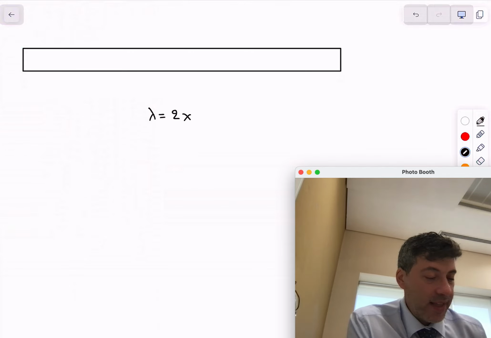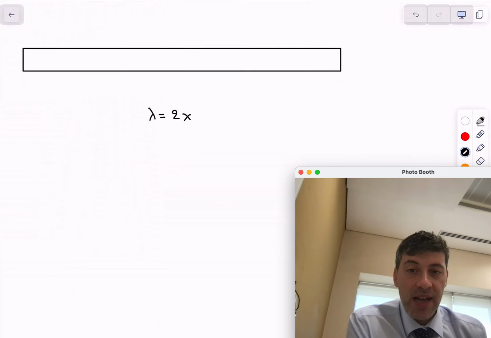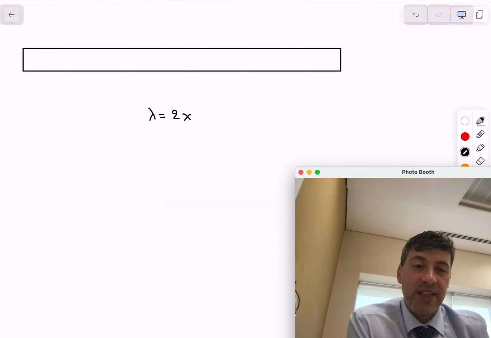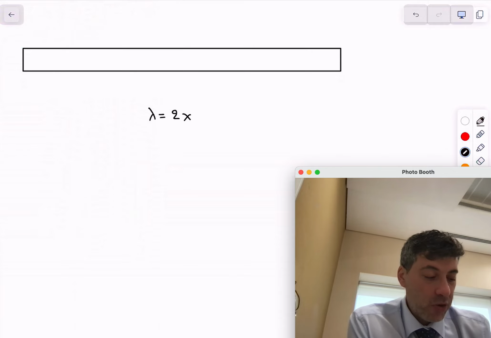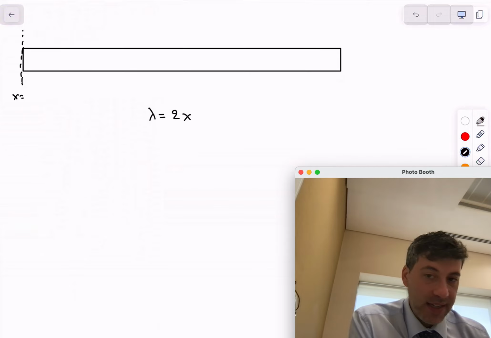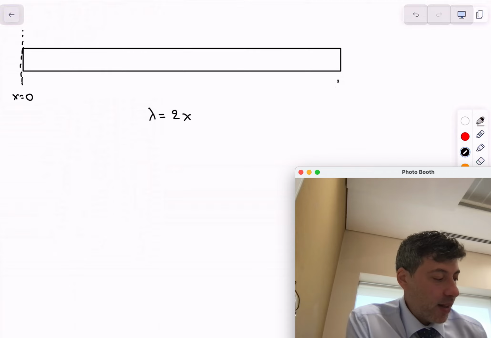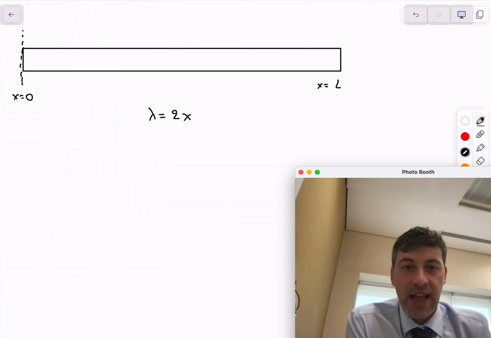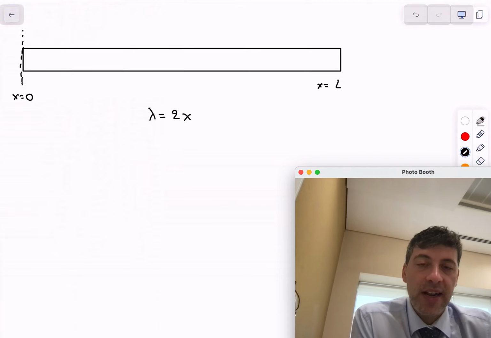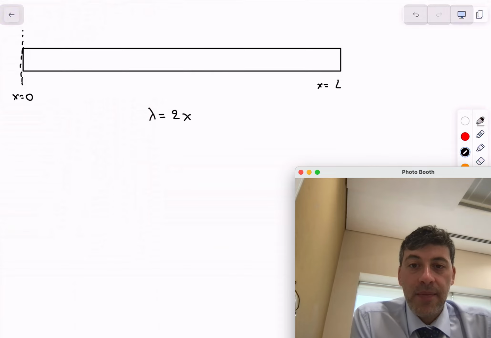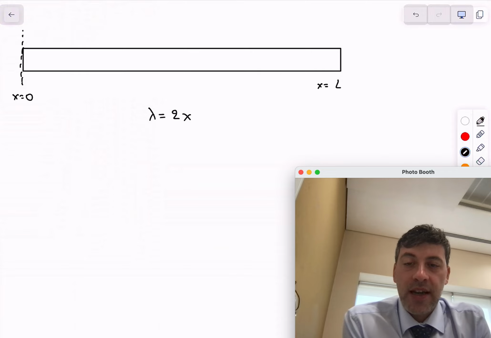This means that the mass, or more specifically the density of this rod, depends on the position. So if we consider that the left end is at the position x equal to 0, and the right end is at the position x equal to L, because the length of the rod is L, then the mass of this rod varies with its distance from the origin.